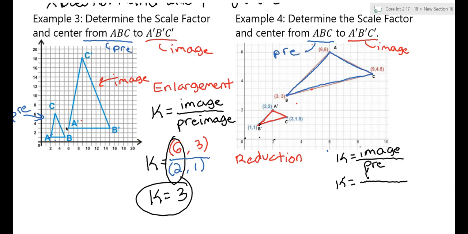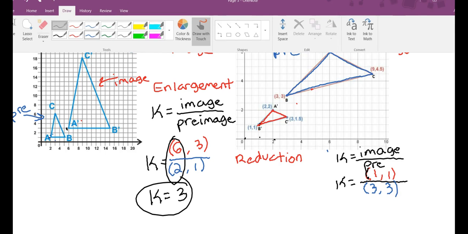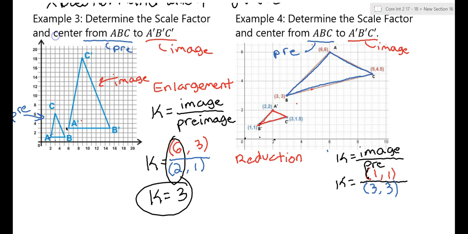This one. So it's 1, 1. And in my pre-image, same point, point B, it's 3, 3. I can divide either my x or my y. I'll go with the x. So k equals 1/3, which makes sense because it is a reduction. All right, that is it for A2.